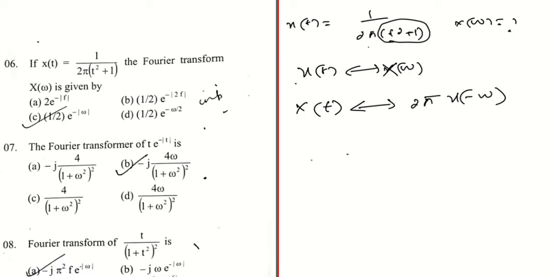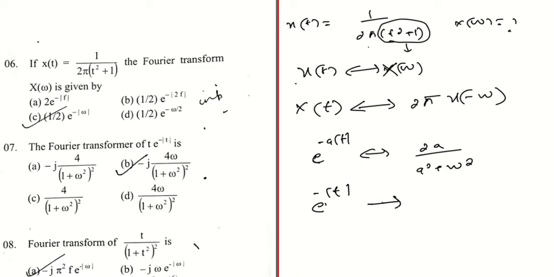I am just taking an example here which resembles this: e raised to minus modulus of t. We take e raised to minus a modulus of t, and its Fourier transform is 2a divided by a square plus omega square, right? So if a is equal to 1, that is equal to 2 divided by omega square plus 1, right? Omega square plus 1.